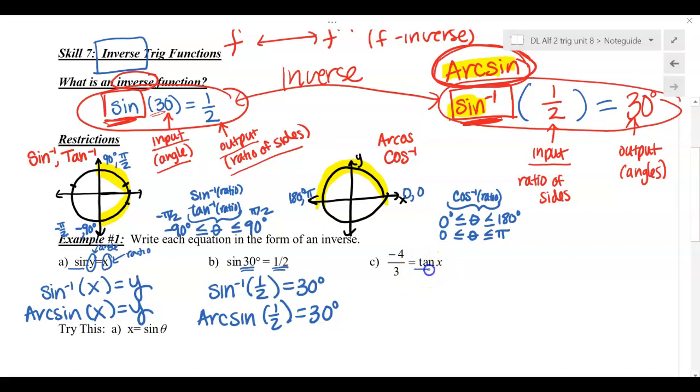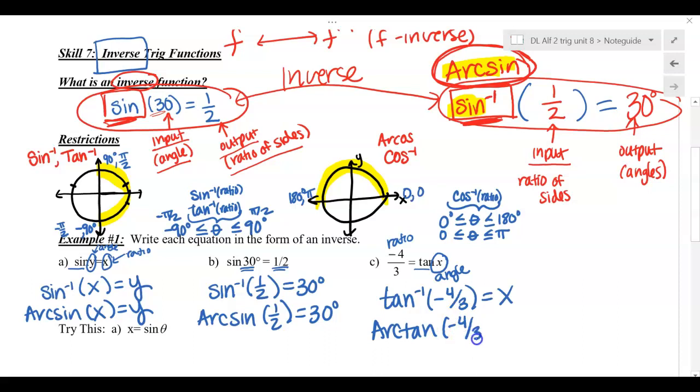Again, remember, this is a trig function. That means this x is an angle and is the input. This is a ratio and is the output. As I write an inverse tangent function, I want to switch the inputs and the outputs. Or I could write it as arctan of -4/3 equals x. Okay.